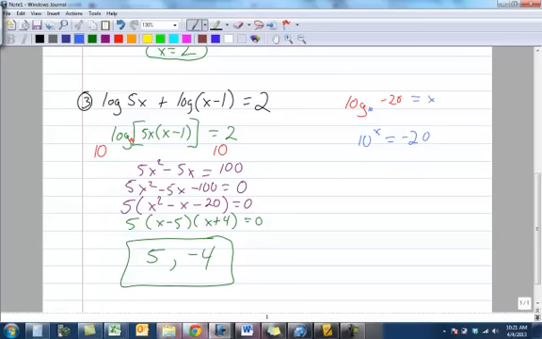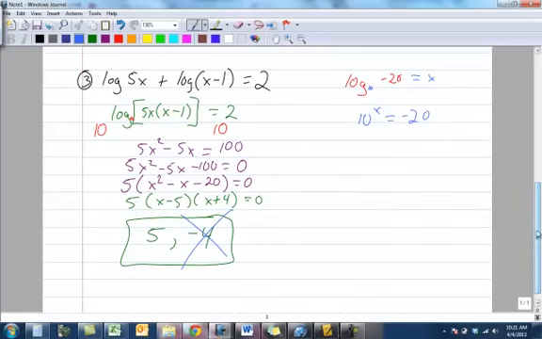Nothing gives us a negative. So if it makes what's after the log negative, this is not a solution. Even here, negative 4 minus 1 is negative 5. If you plug it in and it makes it negative, it's not a solution. So there's only one solution here. The solution is 5.